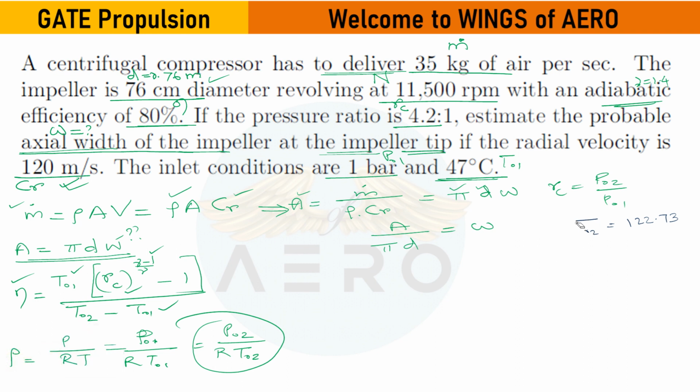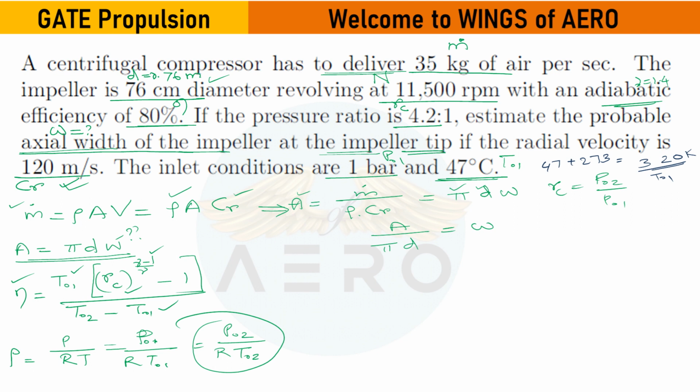How can you find T02? See, use this equation. You know the RC value, you know the gamma value. Fine. T0 value 47 means in degree centigrade. So 47 plus 273, which will be close to 320, this is the value of T01, right?